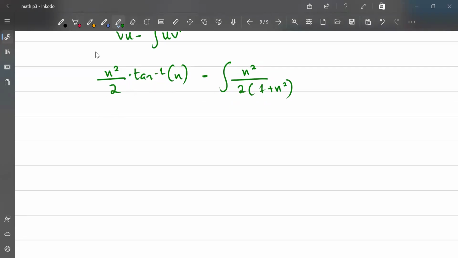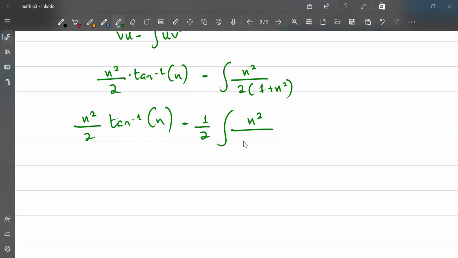So we have x square upon 2 tan inverse of x. Let's move 2 outside: minus 1 upon 2 times x square upon 1 plus x square.